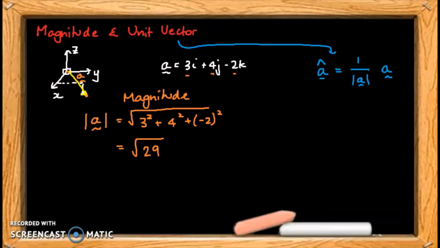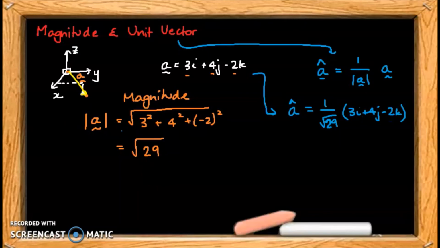And therefore, if I wanted to find the unit vector of this specific example, then my unit vector A hat would equal 1 over root 29 times 3i plus 4j minus 2k.